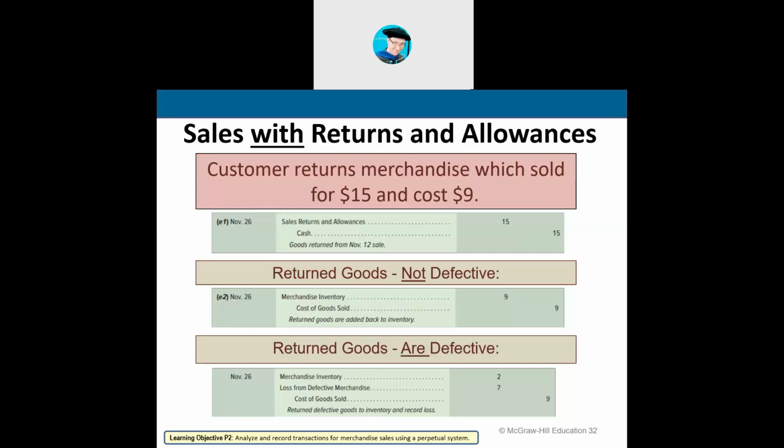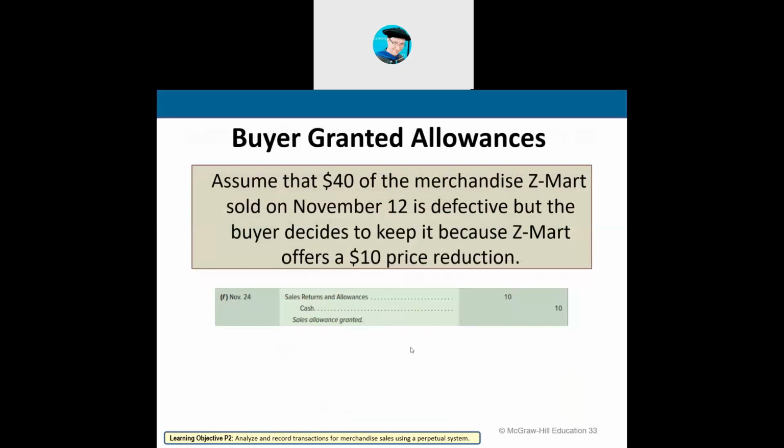If all I do is sell pencils, for example, and I expect that 2% of all pencils I sell will come back to me broken, there's another account called allowance for defective merchandise. It would be allocated there, and then at the end of the accounting period, we would make adjustments. That's a very managerial question. Thank you.